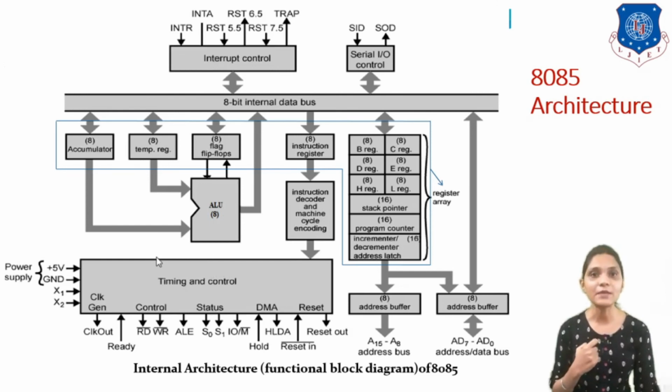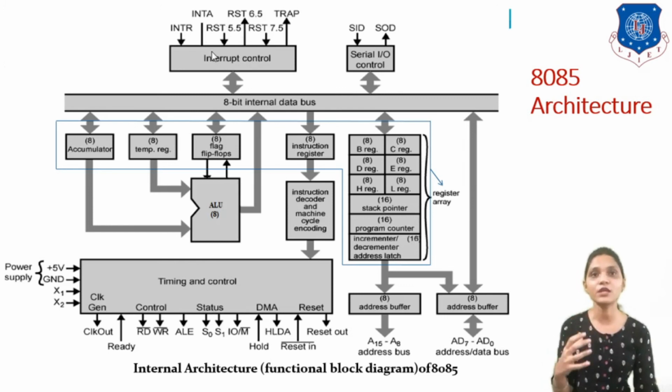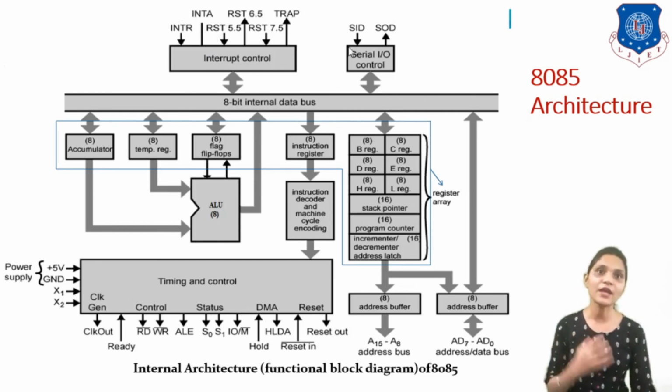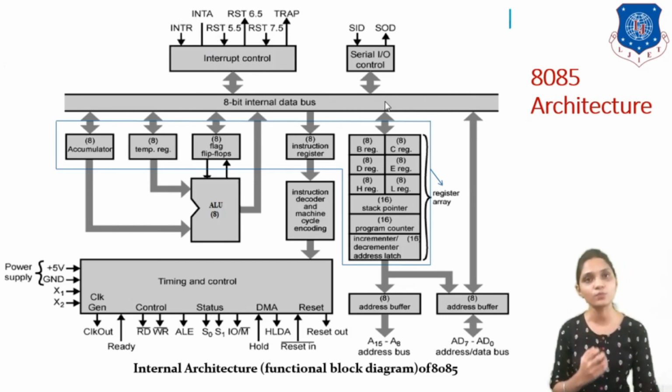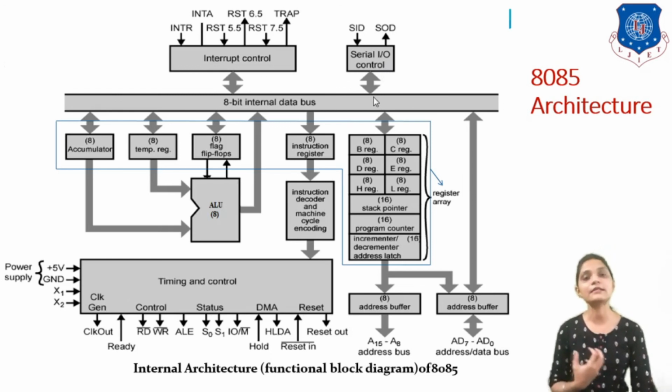Then we have the timing and control unit, which provides the different timings and control signals. Then we have the interrupt control unit, where you have different interrupts and the acknowledgement for them. And lastly, we have the serial input output block, that is serial IO control, with serial input data and serial output data.